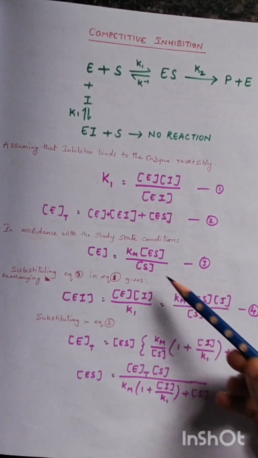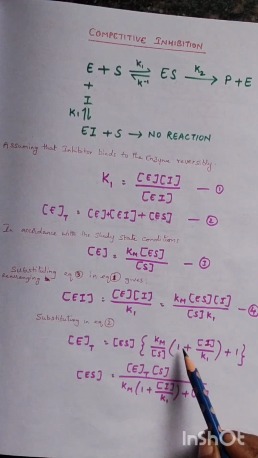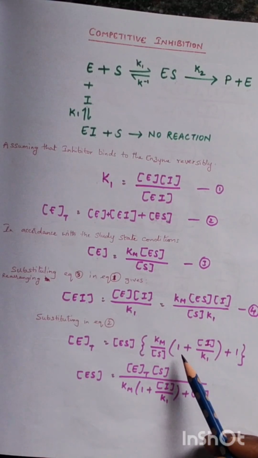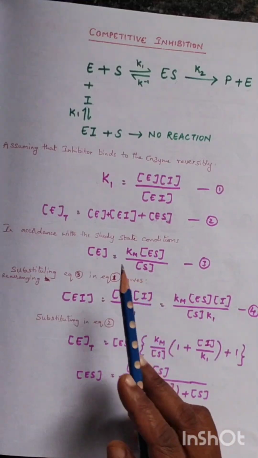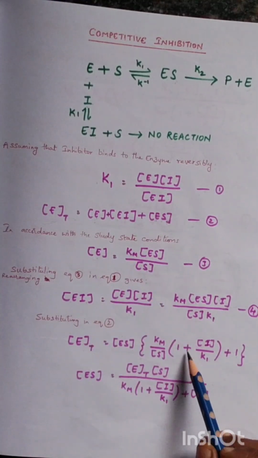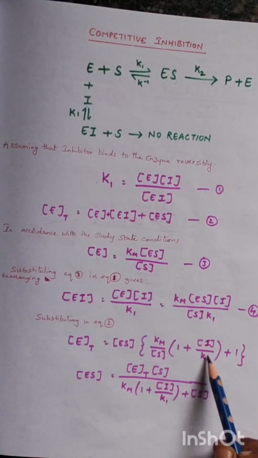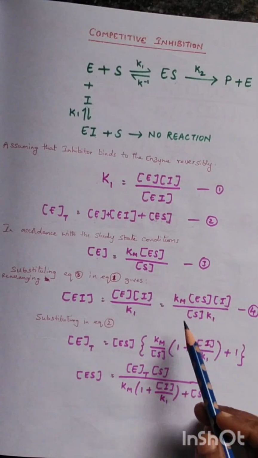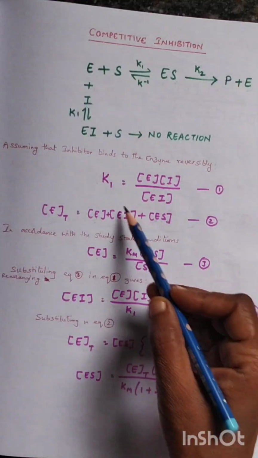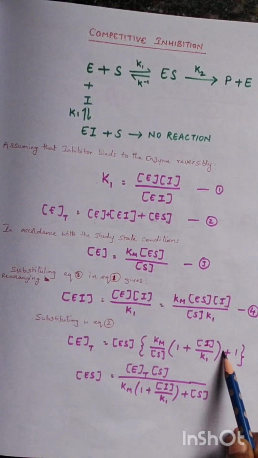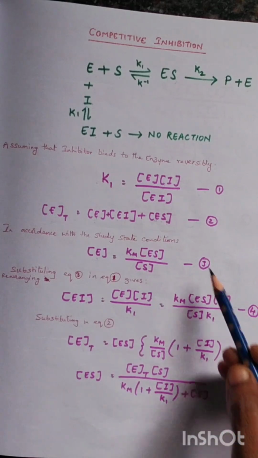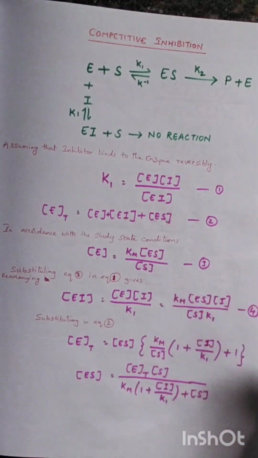Km by S here, Km by S here. Then we'll take 1 plus, where 1 here represents enzyme, plus the concentration of I by K1. This expression represents the concentration of enzyme inhibitor complex, plus 1 into ES, this expression being the concentration of ES.